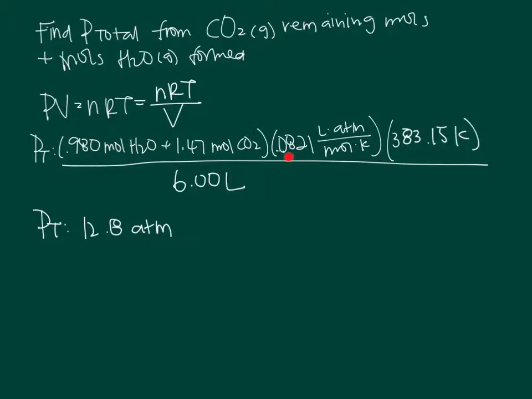Multiply that by the R constant, 0.0821 liter atm per mole Kelvin, times 110 degrees Celsius, which converts to 383.15 Kelvin, and divide all of this over the 6-liter flask. That gives a total pressure of 12.8 atm present in the flask after the reaction is complete.